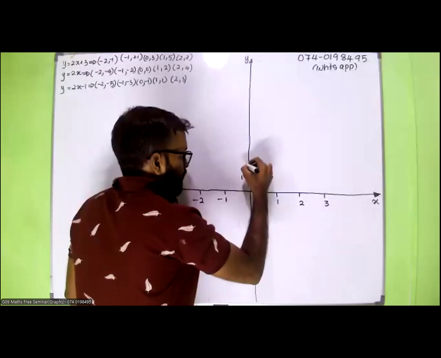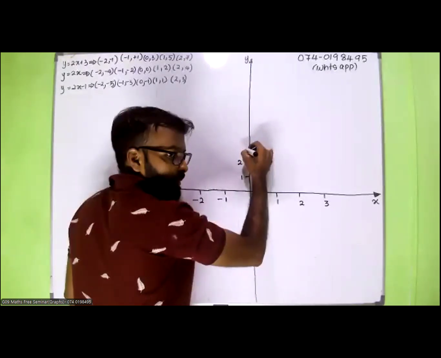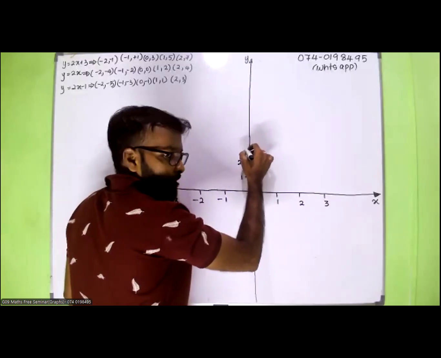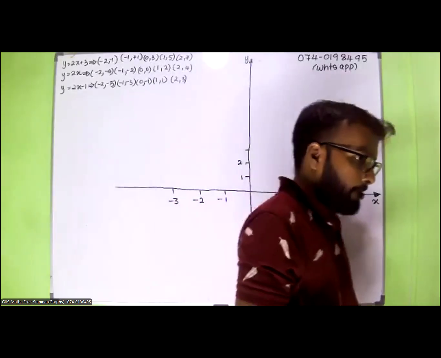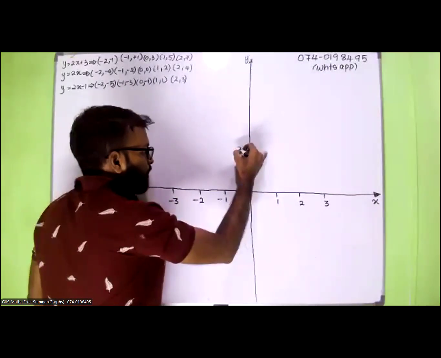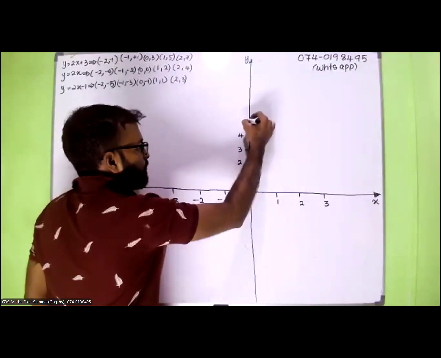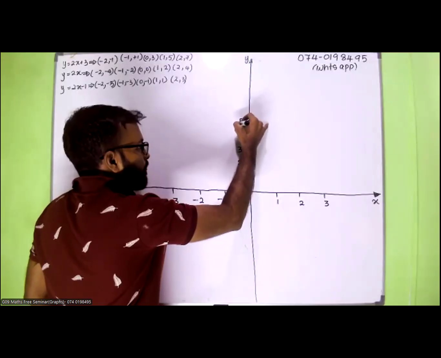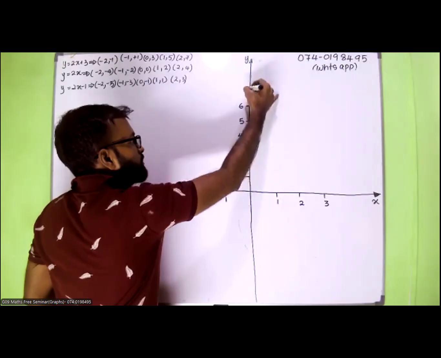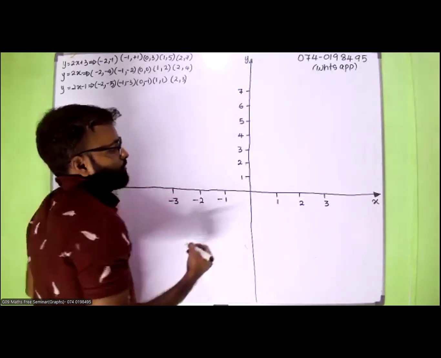On the positive side of the y-axis: 1, 2, 3, 4, 5, 6, 7.